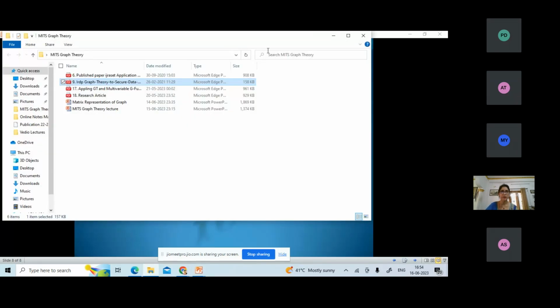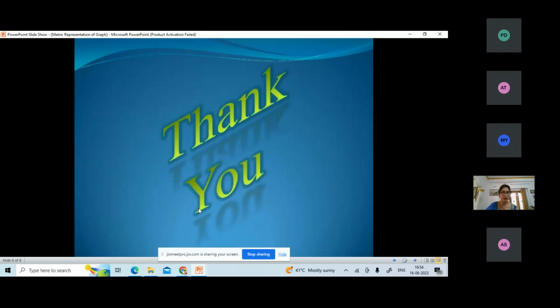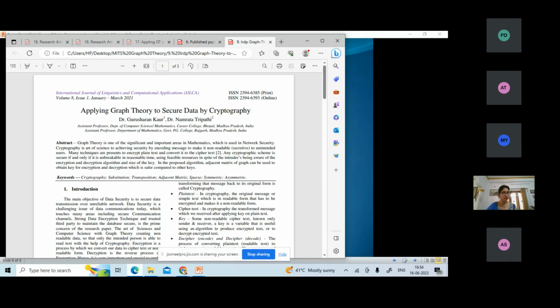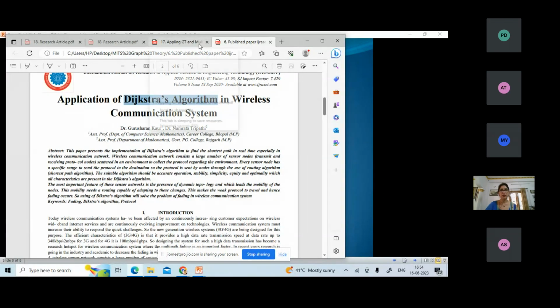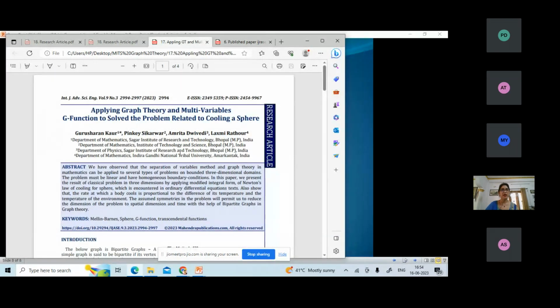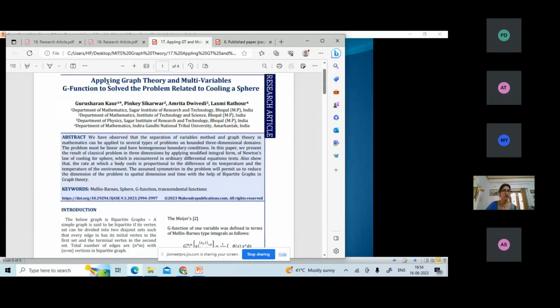I will tell you about my papers. These are my papers. In these, I apply graph theory in physics and G functions also. The G function is a topic of special functions.